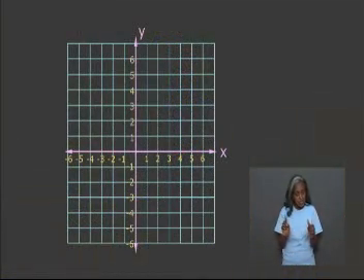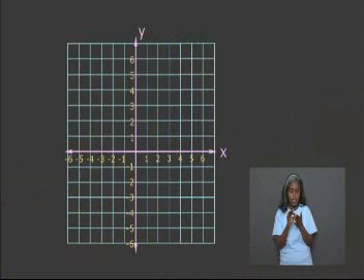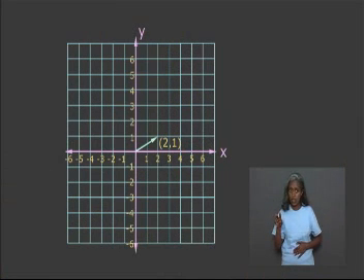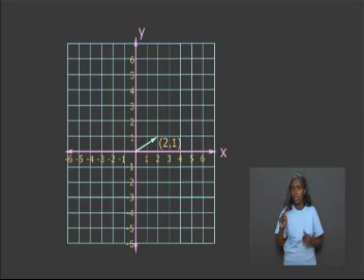Welcome back, students. The first complex number is represented with a vector with end point 2, 1 in the first quadrant. The second complex number is represented with a vector with end point 2, -6 in the fourth quadrant.